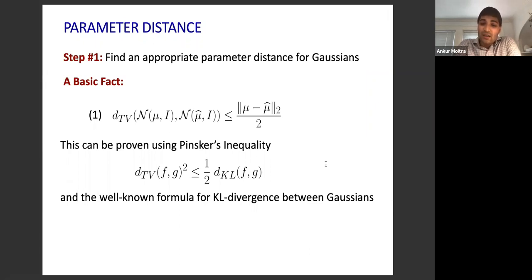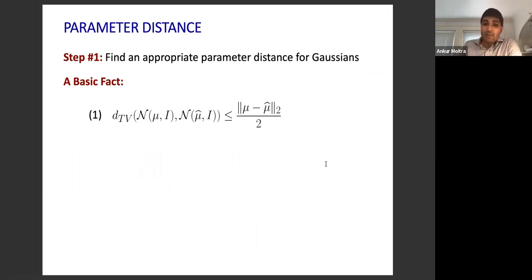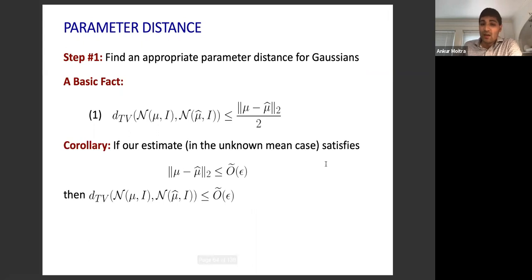The nice thing is that the KL divergence between Gaussians has a nice closed form expression. So all you have to do is plug in the parameters here and invoke Pinsker's inequality. And it tells you exactly this bound on the total variation distance, which just lets us reformulate our problem. Remember, our goal at the end of the day is to remove dimension dependence in these robustness guarantees. And now our goal is just to be dimension independent when we want to estimate the mean in Euclidean distance. So this is a nice geometric problem.